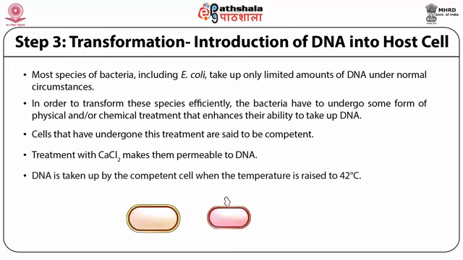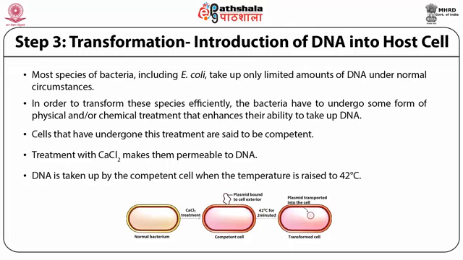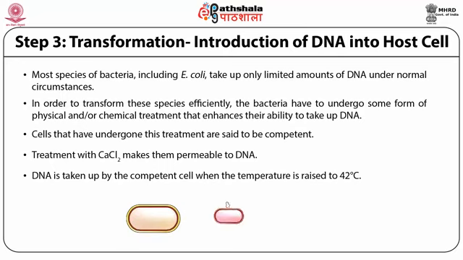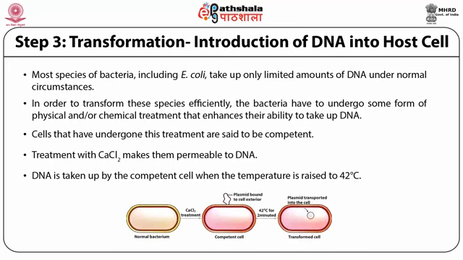This mixture is heated to 42 degrees for about a minute or two, and then transferred to ice, that's 4 degrees. The plasmid which is attached to the surface is sucked inside the cell, and that cell is known as a transformed cell.